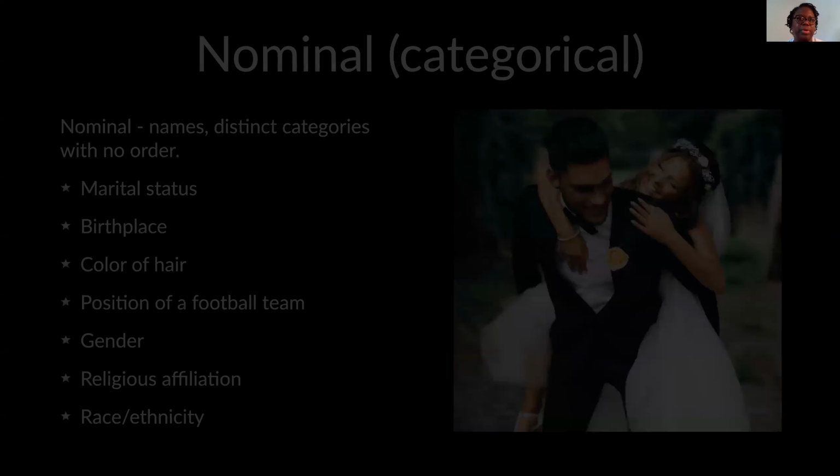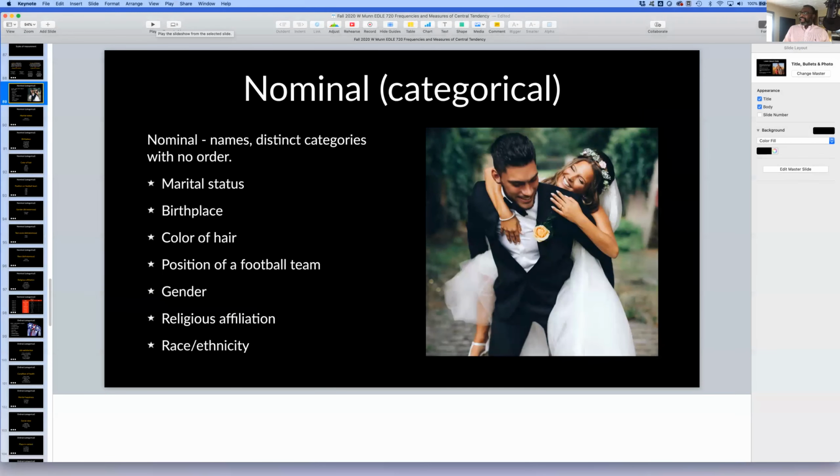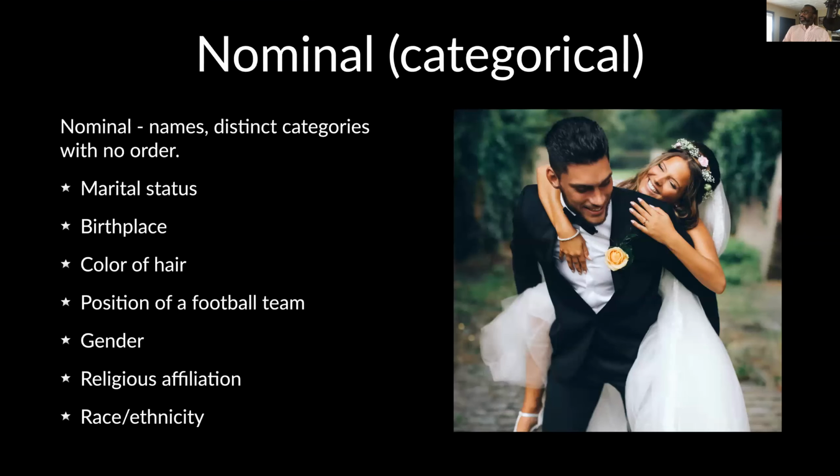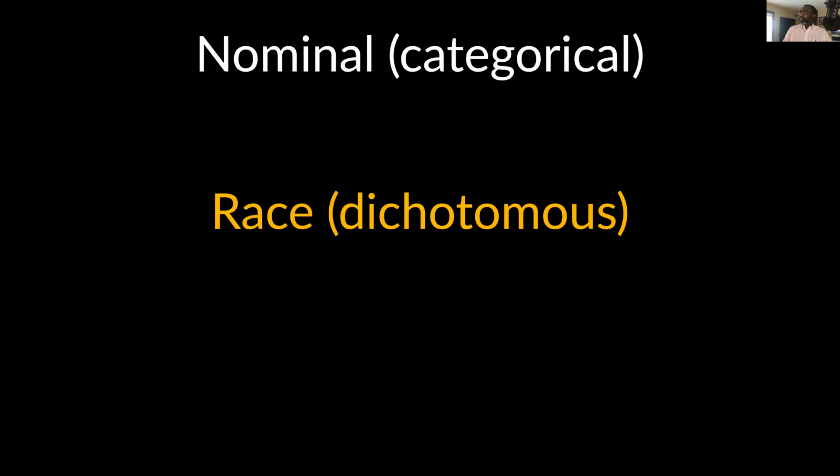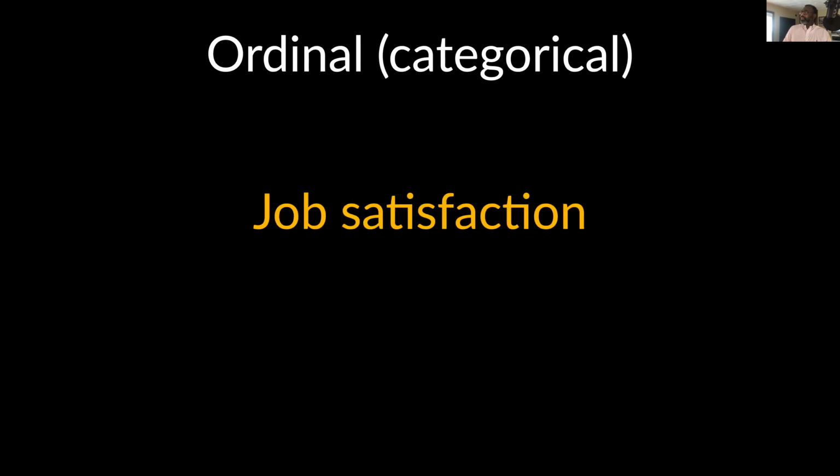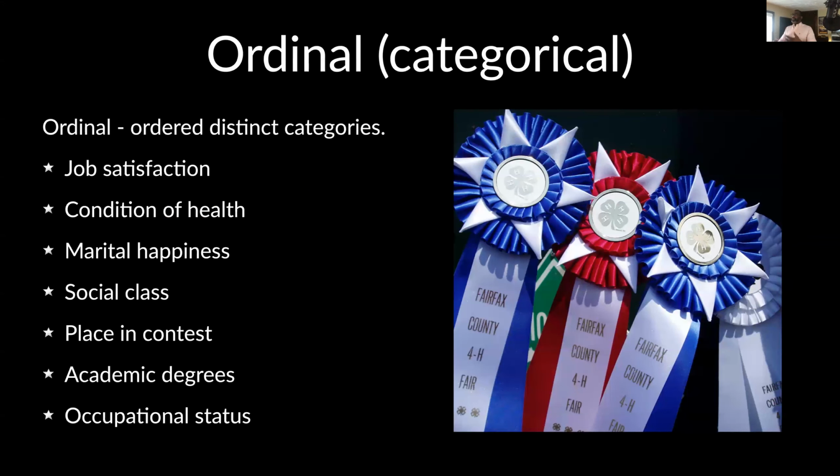Yes. Okay, and where's the slide for ordinal? Let's see here. Ordinal. Boom. So here are distinct categories: job satisfaction, condition of health. I would say good health is better than poor health. Sometimes I would say marital happiness would be better.